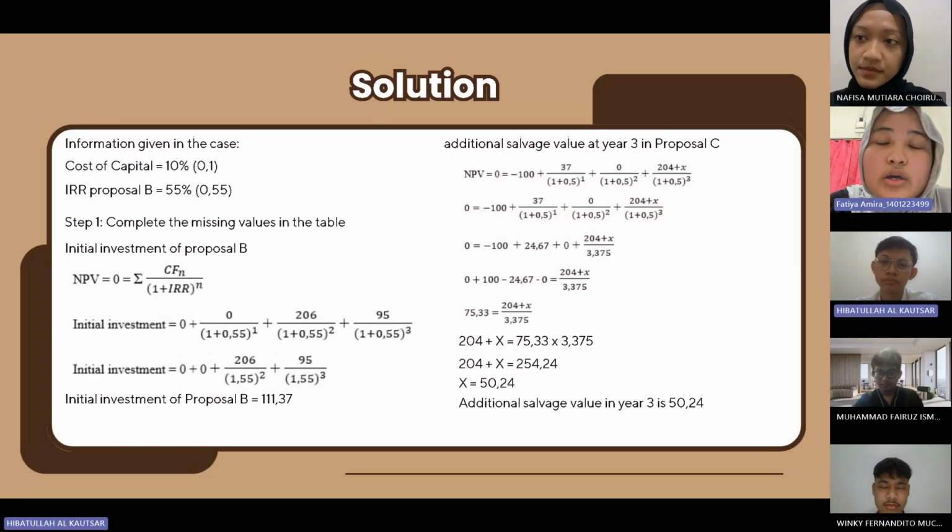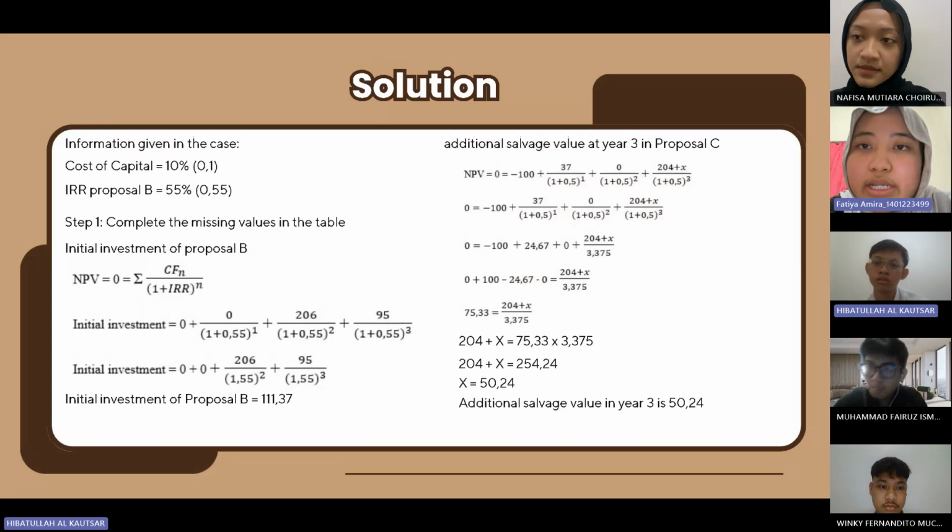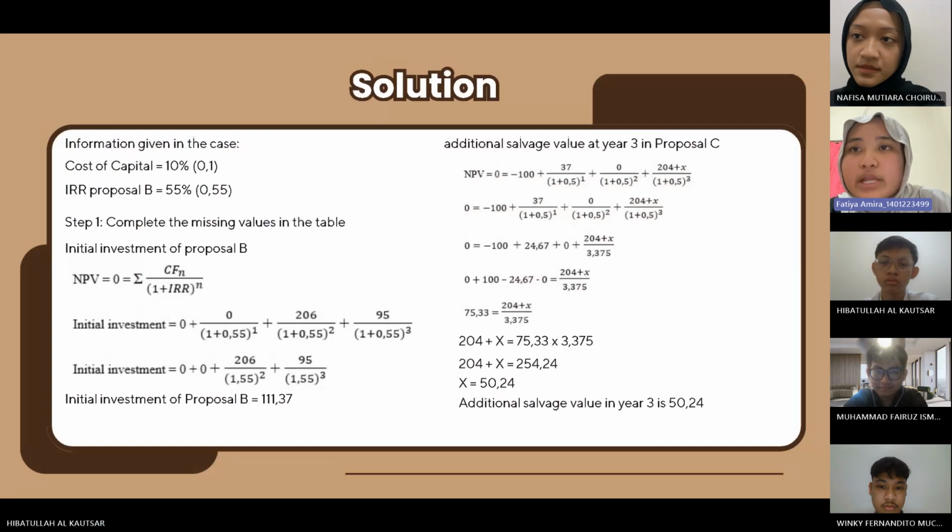So after the calculation, we found that the initial investment of proposal B is 111.37. And to calculate the additional salvage value at year 3 in proposal C, we also use the NPV formula. And from the calculation, we know that the additional salvage value in year 3 is 50.24. Next.